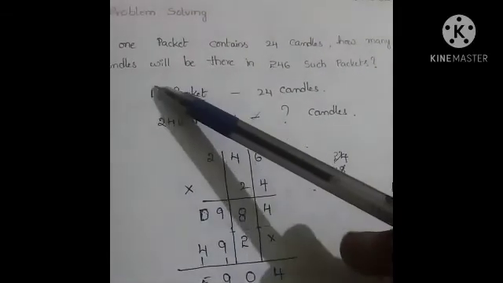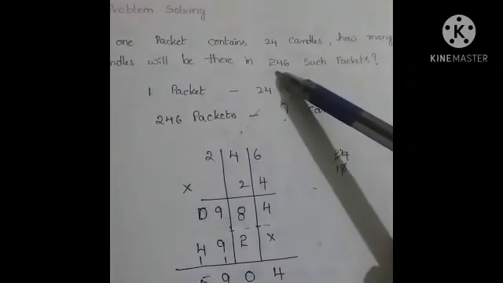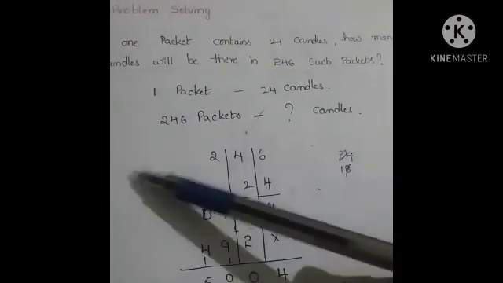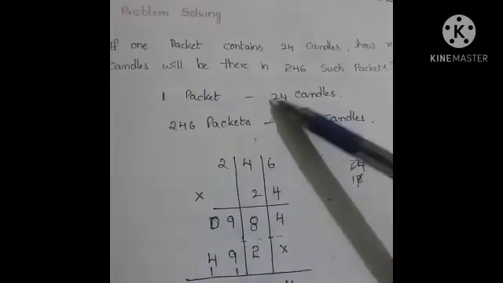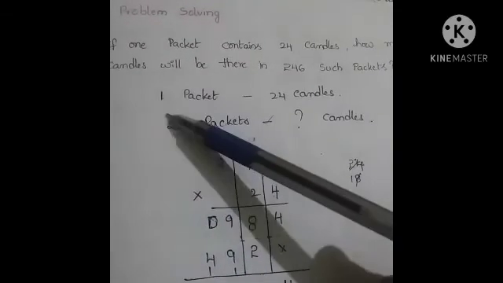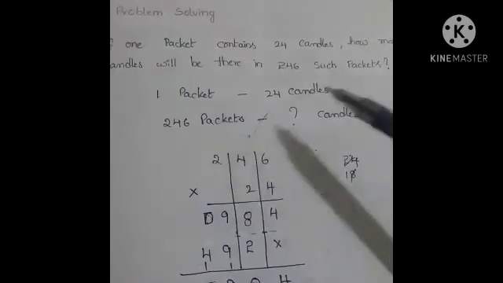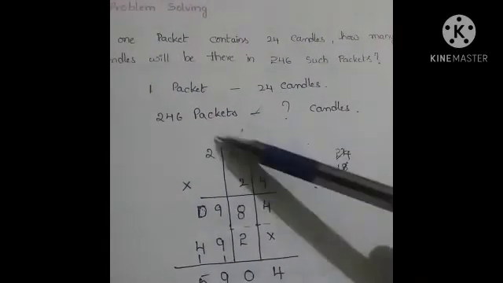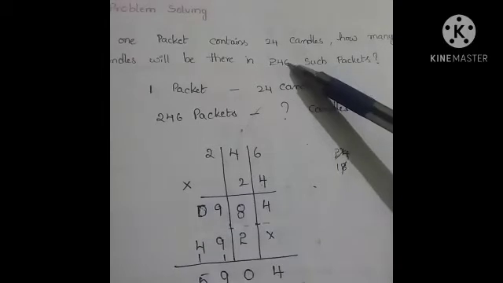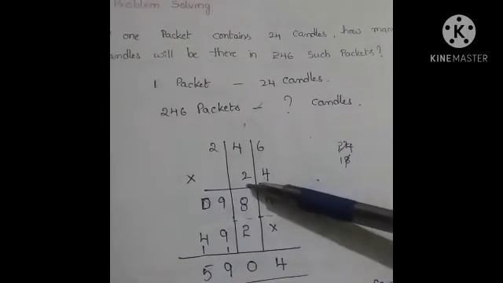How many candles are there in 246 packets? Okay, given data: one packet is 24 candles. Write the steps. 246 packets, how many candles? Find out. Now multiply 246 into 24.